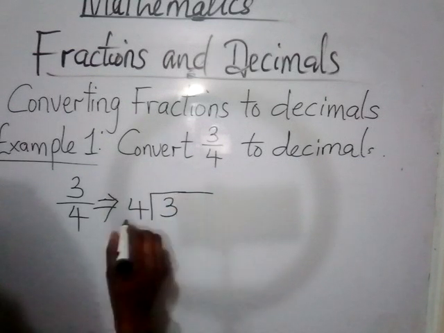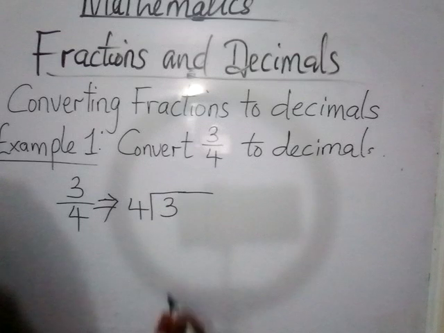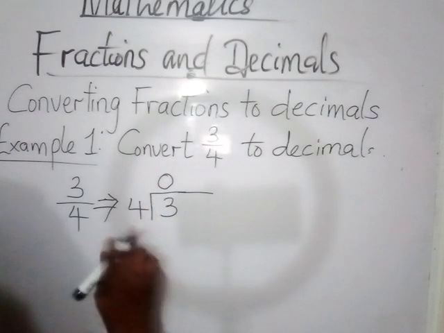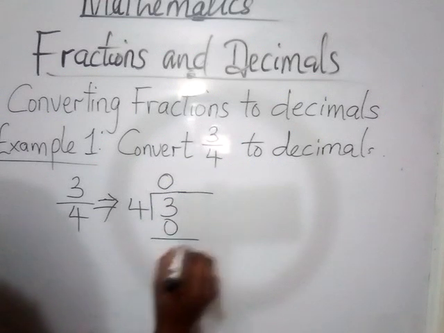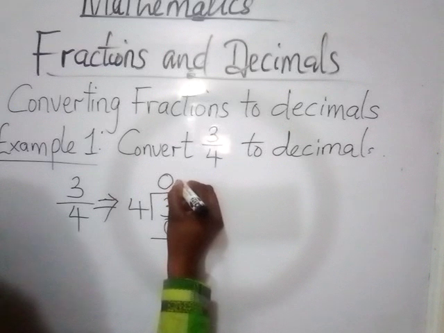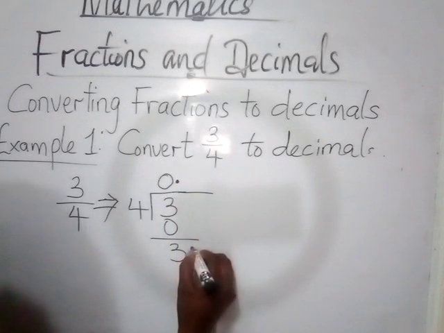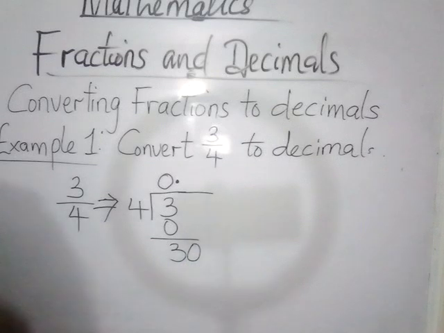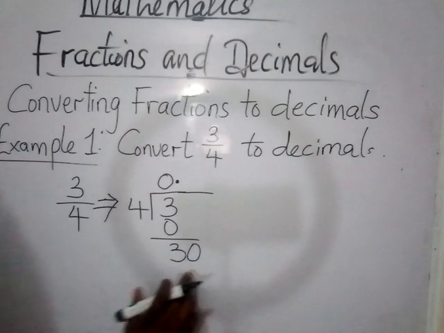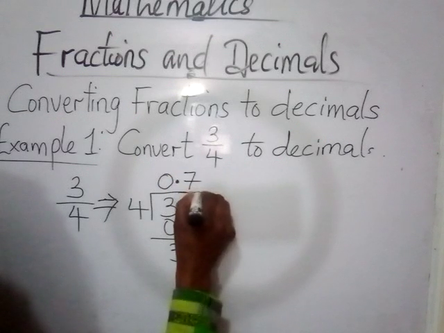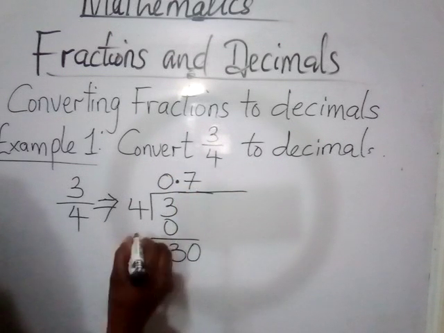So we know that 4 cannot divide 3, right? So 4 divided into 3 is 0. So you do 0 times 4 is 0. When you subtract, you bring down 3. Add your point. And at this point, you're going to add 0 to this number here. Then you now do 30 divided by 4.